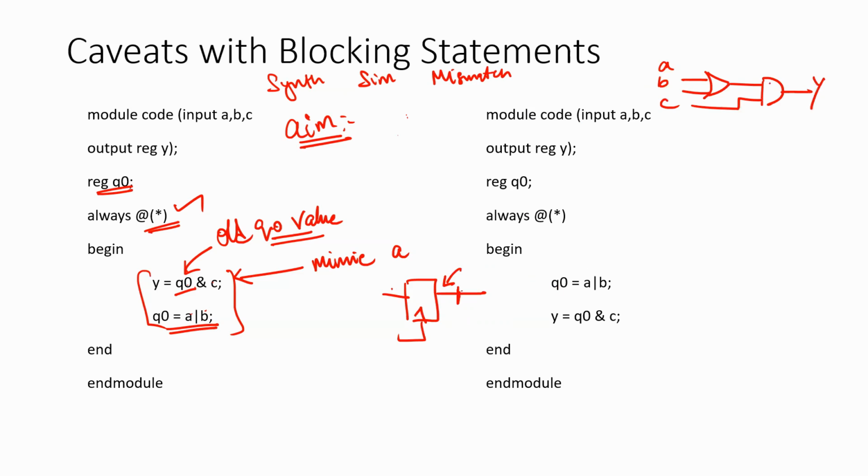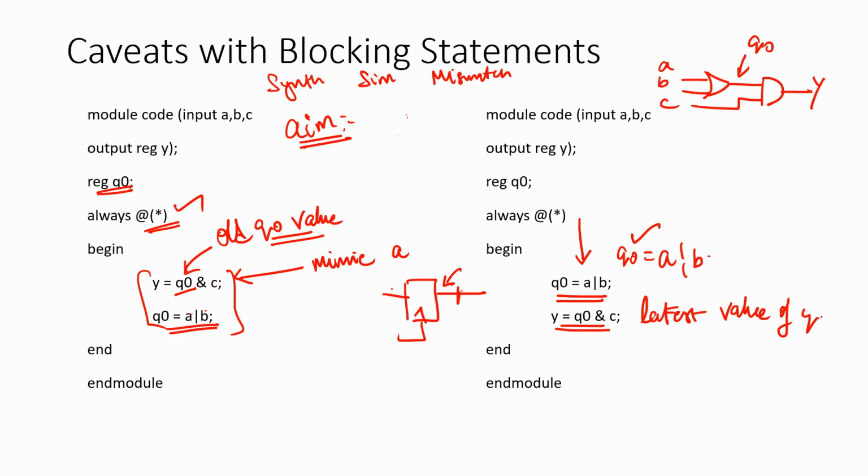Now look at the code here. This intermediate point is what is called Q naught. When the always block is entered, I am evaluating Q naught first. So A or B is computed first. So this Q naught is computed already. Next I am assigning Y equal to Q naught and C. That means the latest value of Q naught is used here. In simulation.